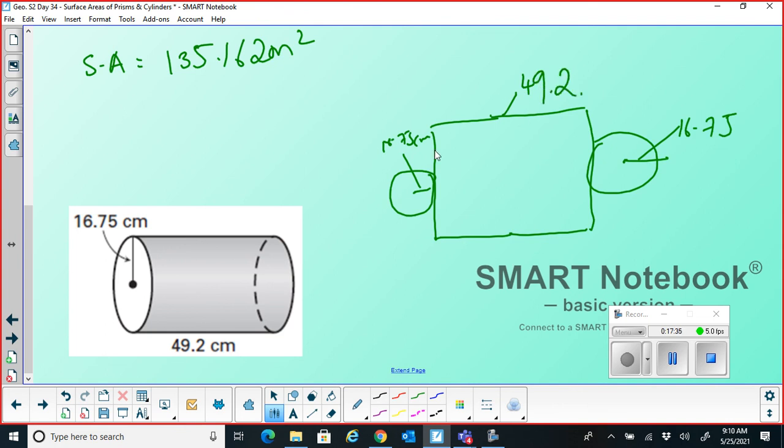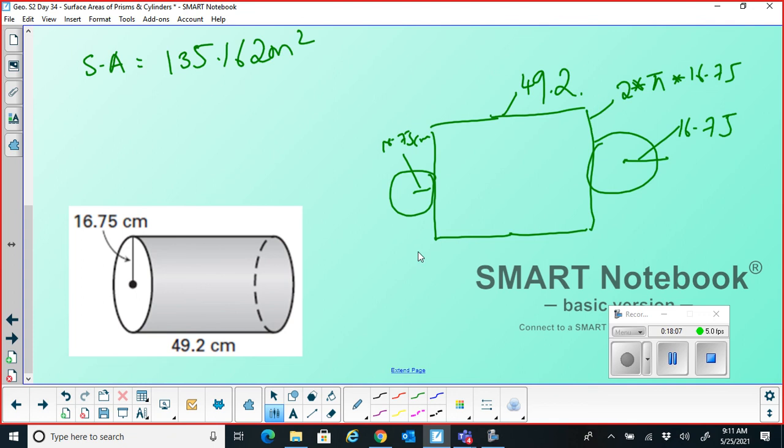And you're supposed to find this one as well. This will be your 49.2, and this one you're going to find using 2 pi r. 2 times pi times 16.75 will give this other side. Multiply these two, you'll get the area of the large rectangle that you have.